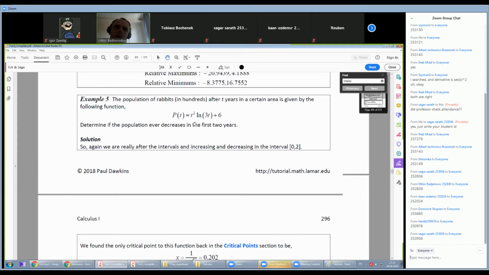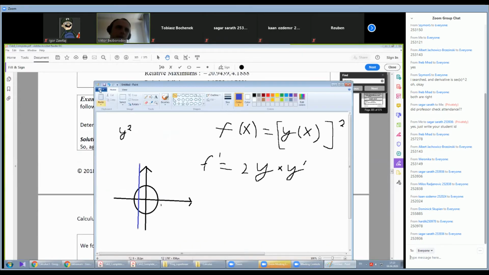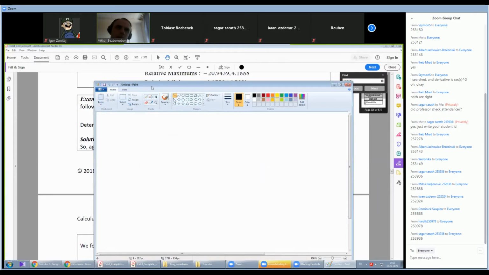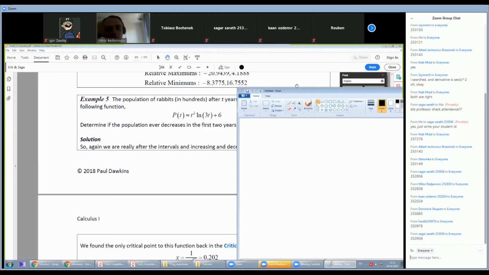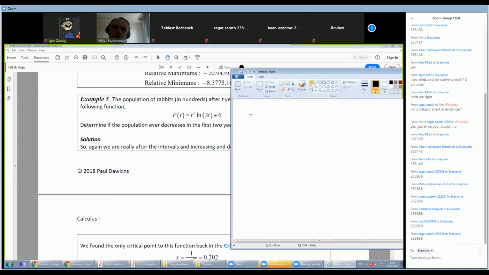So we'll look here for the derivative. Let's maybe plot it also on this interval, 0 to 2, just to have an example. So we have this function, and we'll look for the derivative first.